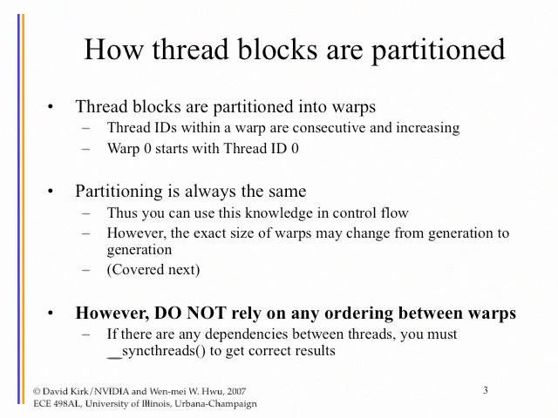There's one thing that we really want you to remember. That is, do not rely on any ordering between warps. That is, you remember I showed you that scheduling diagram, okay, where warp 0 could execute after warp 5.